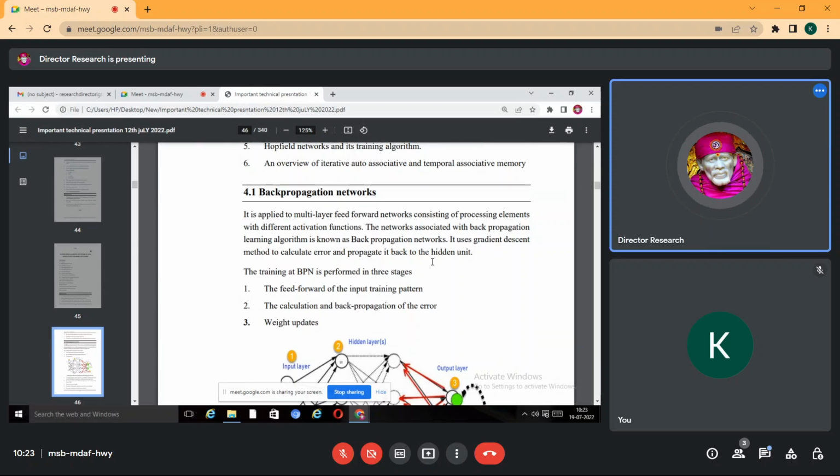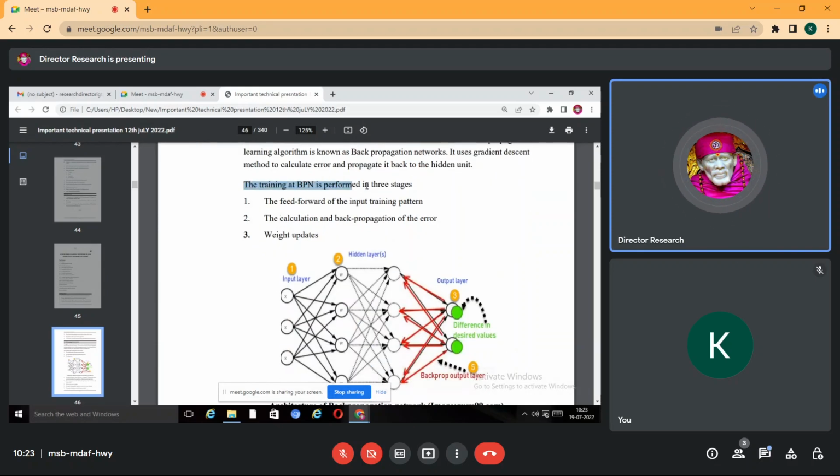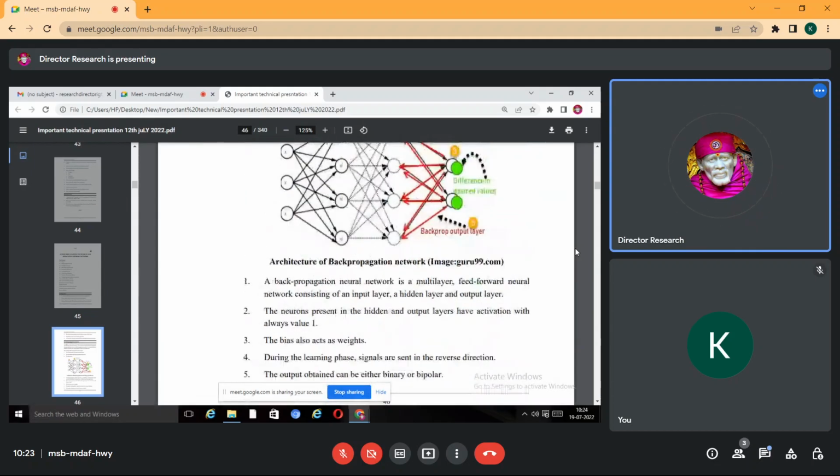It uses gradient descent method to calculate error and propagate it back to the hidden units. The training of the backpropagation algorithm is performed in 3 stages: feed forward of the input training pattern, then calculation and backpropagation of the error, and third, weight updates.